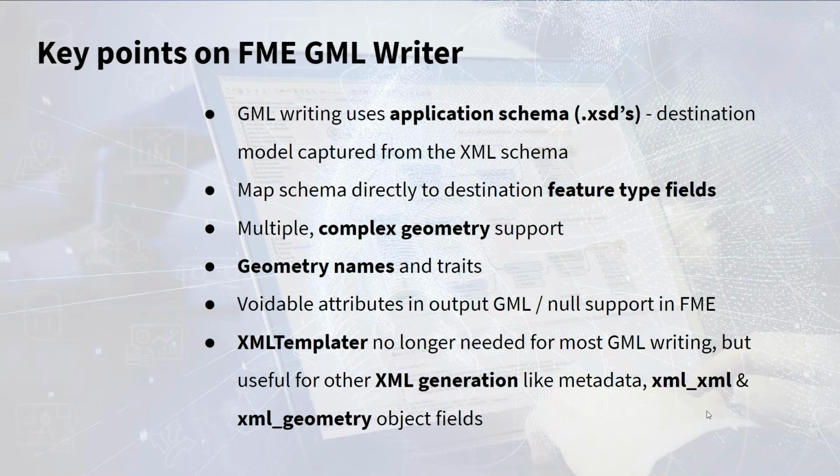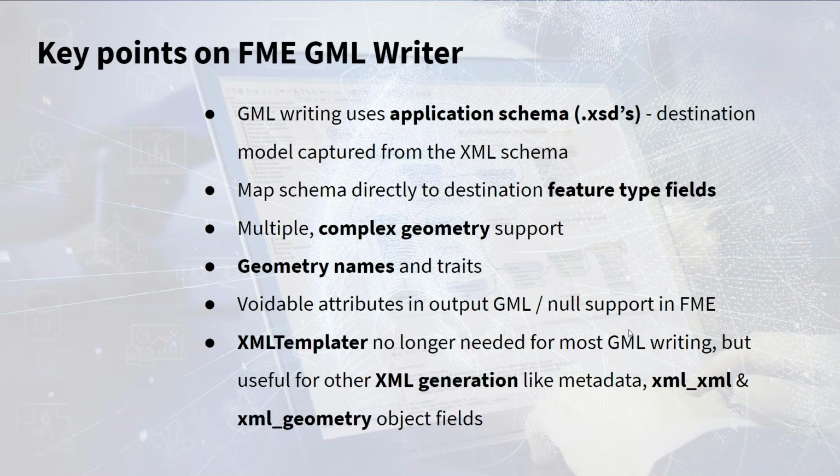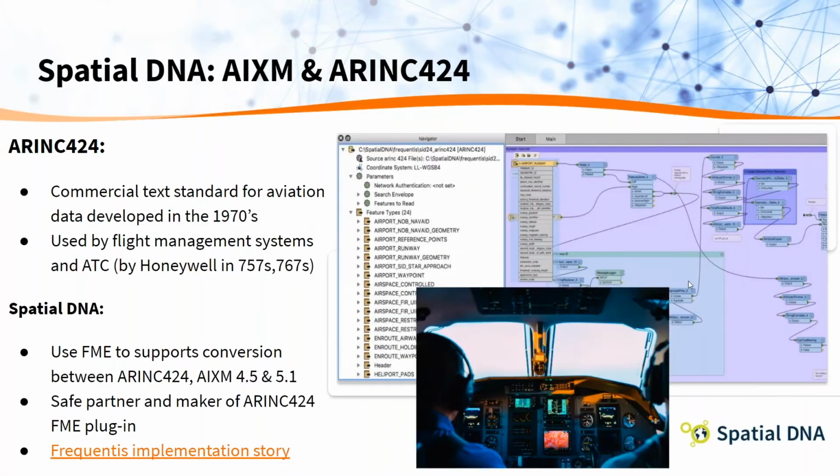You can either write all the values C1, 2, 3 as individual fields, or you could write to A or B as an XML fragment. We have examples of that on our knowledge base. The cool thing about the GML writer is it wraps all of that up so that you can handle GML just as a normal format if you want. It handles all of the support for complex geometry and multiple geometry and different names for the geometries. Basically you're mapping directly from a schema to feature types and to fields.